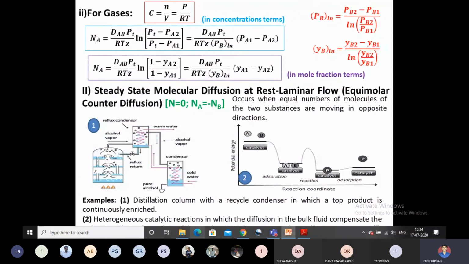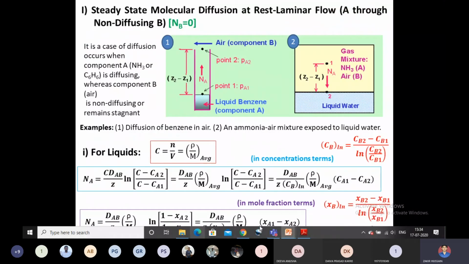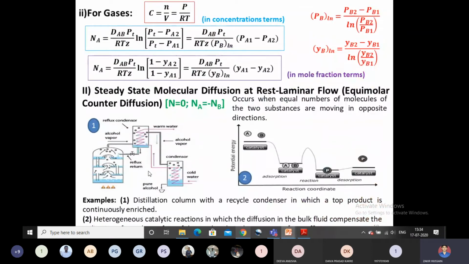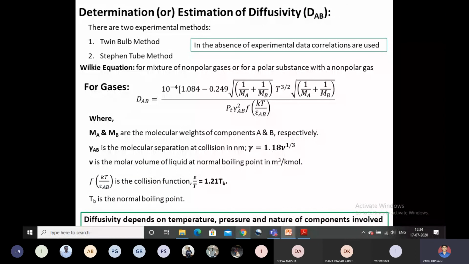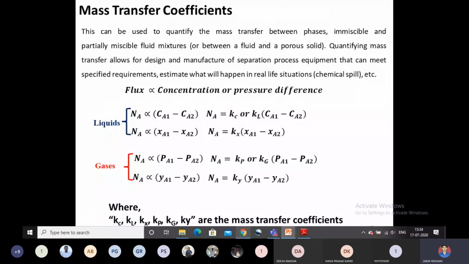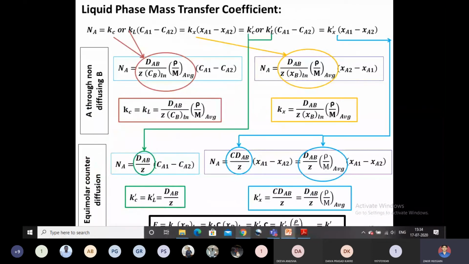If you can derive these equations in a simple manner, whatever equations we derived here, then only you will know what part C is. Otherwise it is very difficult to go for part C. Just go through the notes and derive on your own, then you will come to know what mass transfer coefficients are: mass transfer coefficients for A through non-diffusing B, and for A through equimolar counter diffusion.